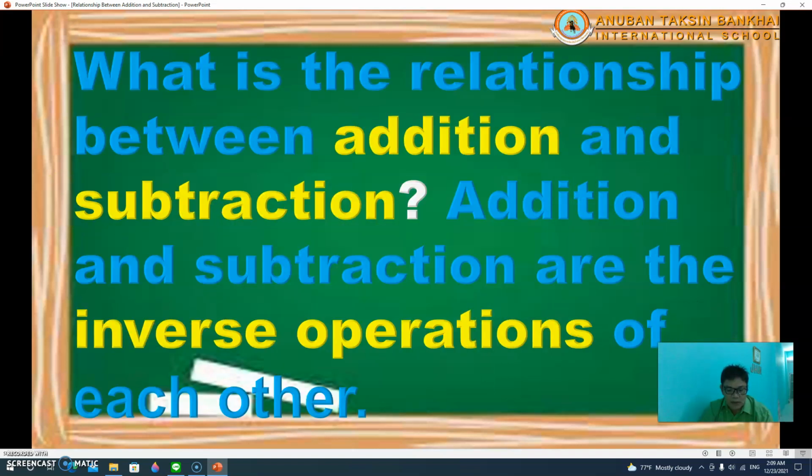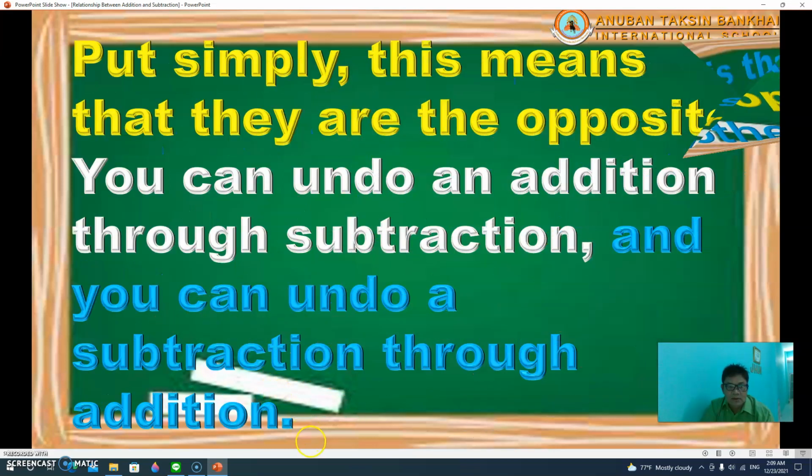What is the relationship between addition and subtraction? Addition and subtraction are the inverse operations of each other. Put simply, this means that they are the opposite.